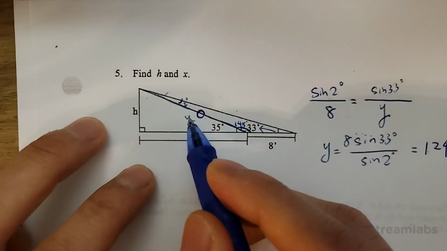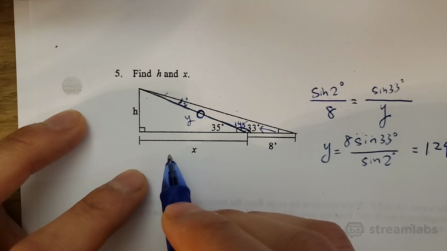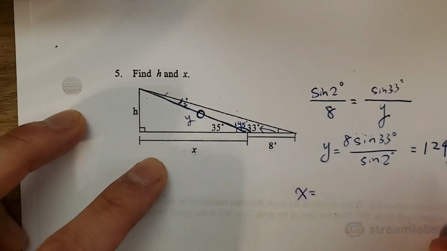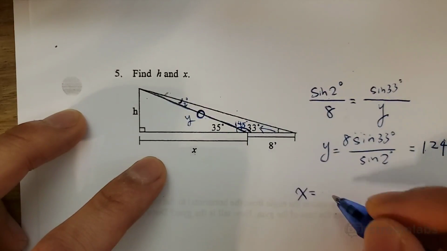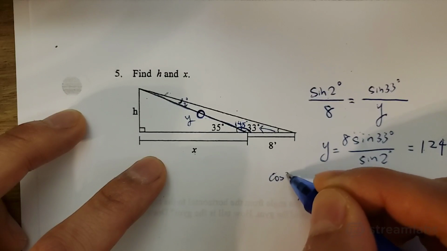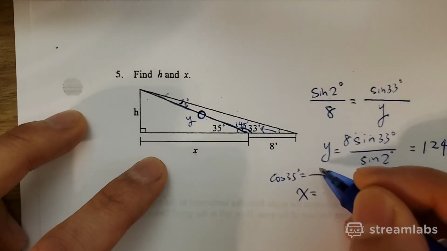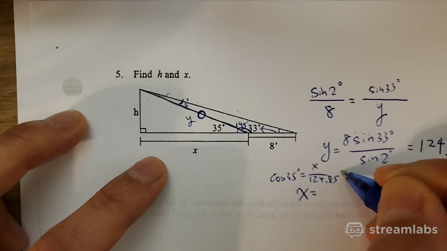Okay. And then the rest, once you get this y value, you can find these two using cosine and sine. So x will then be this hypotenuse times cosine of 35 because cosine 35 is adjacent over hypotenuse, right? X over 124.85.